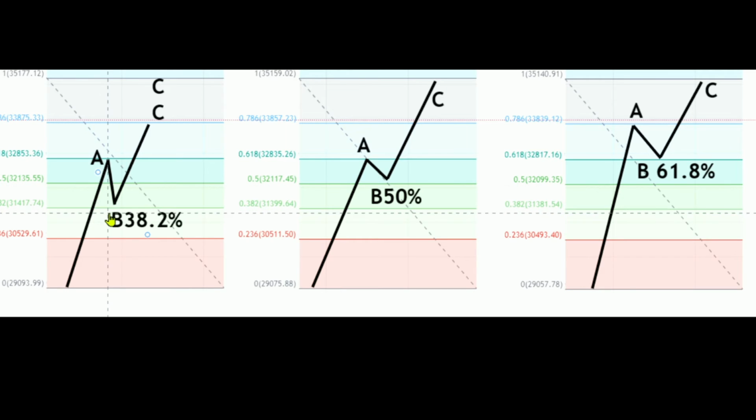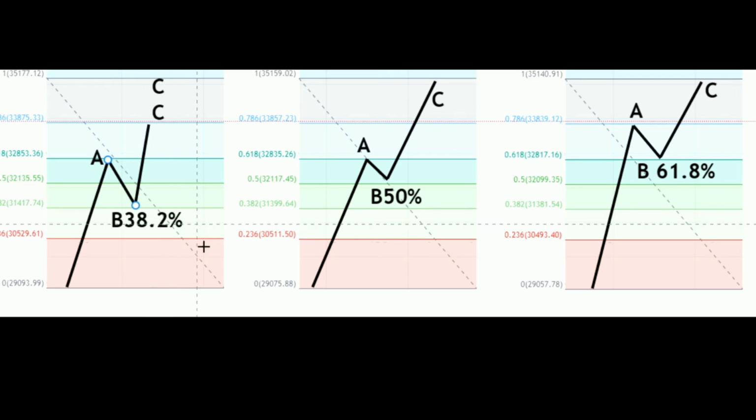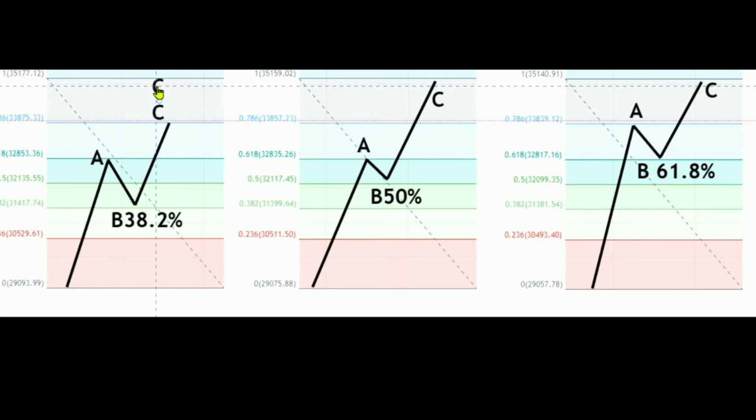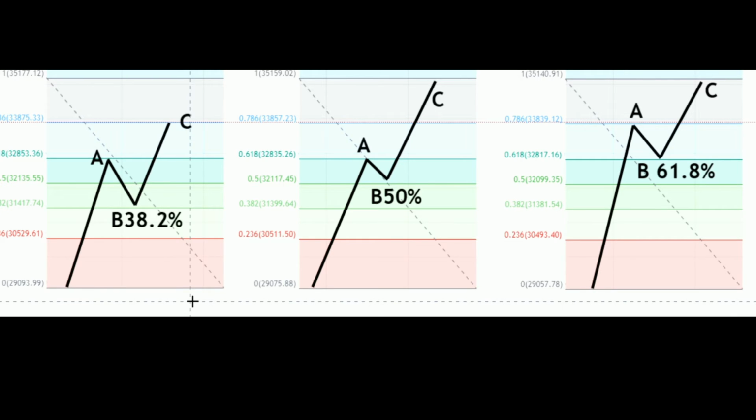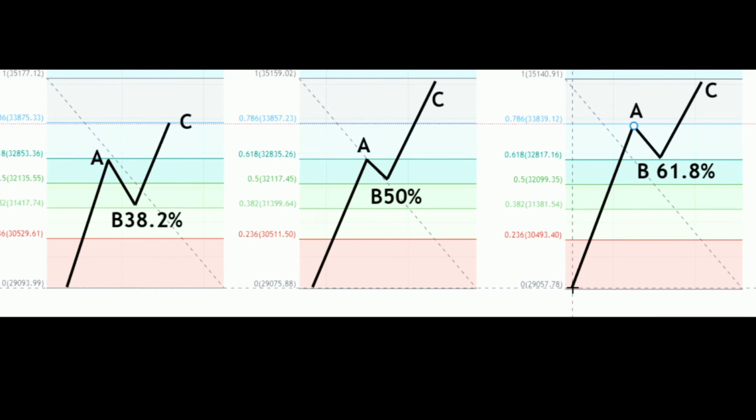A number divided by another 2 places higher approximates 0.3820. 13 divided by 34 equals 0.3824. 21 divided by 55 equals 0.3818. 34 divided by 89 equals 0.3820. 55 divided by 144 equals 0.3819, and so on.